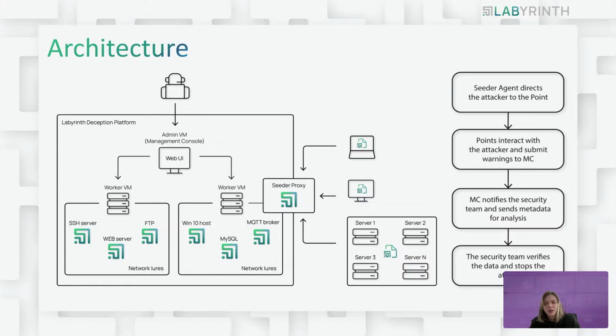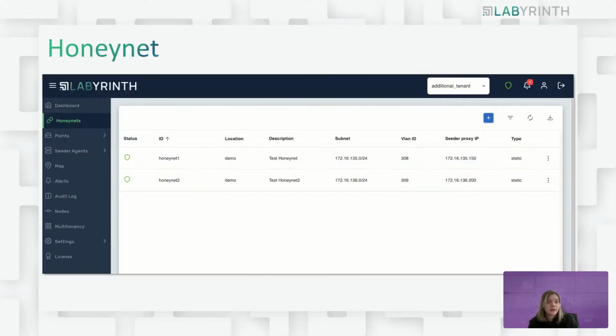But there can be as many worker VMs as possible. There is no licensing based on that. And this way, Labyrinth can act as an MSSP when the owner manages the admin VM and you place worker VMs in the client infrastructure. Okay, so everything should be clear here.